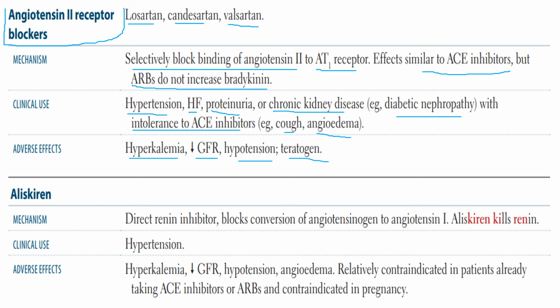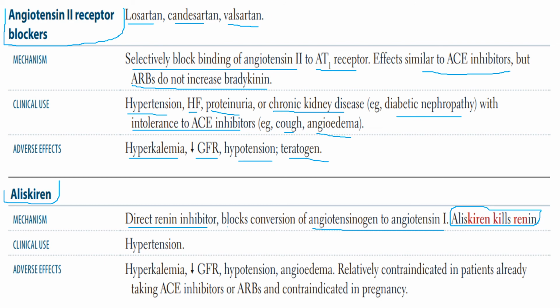Now we'll talk about aliskiren. It is a direct renin inhibitor which blocks conversion of angiotensinogen to angiotensin I. We can also remember it by a mnemonic: aliskiren kills renin. How does aliskiren kill renin? It's a direct renin inhibitor.